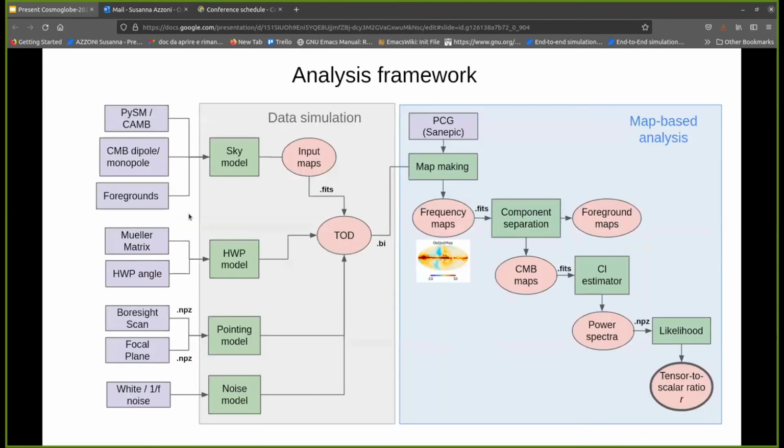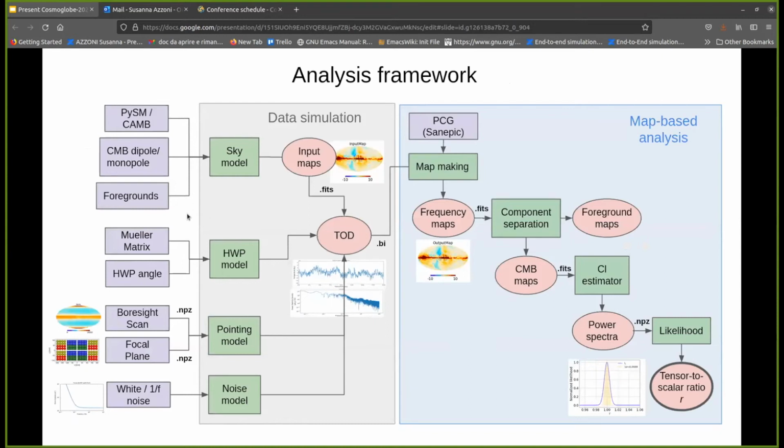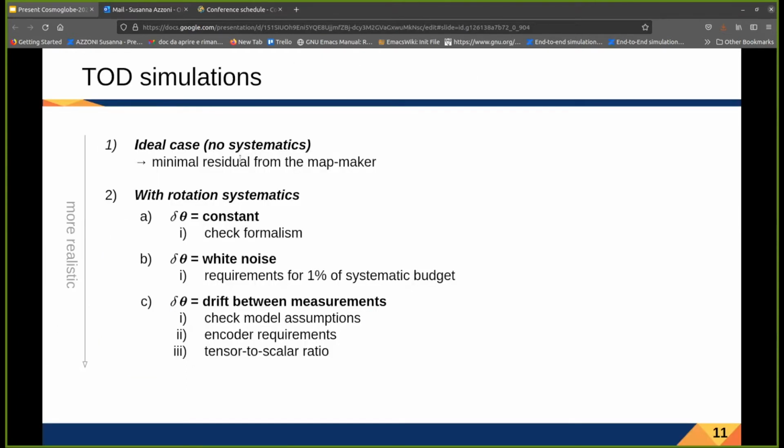Okay, so in general, the framework that we use to analyze these systematics that we've built goes from the observed maps to the TOD, and then from your TOD to your clean maps, and finally to the cosmological parameters, in this case the tensor to scalar ratio. And to study these effects, we use the following simulation.